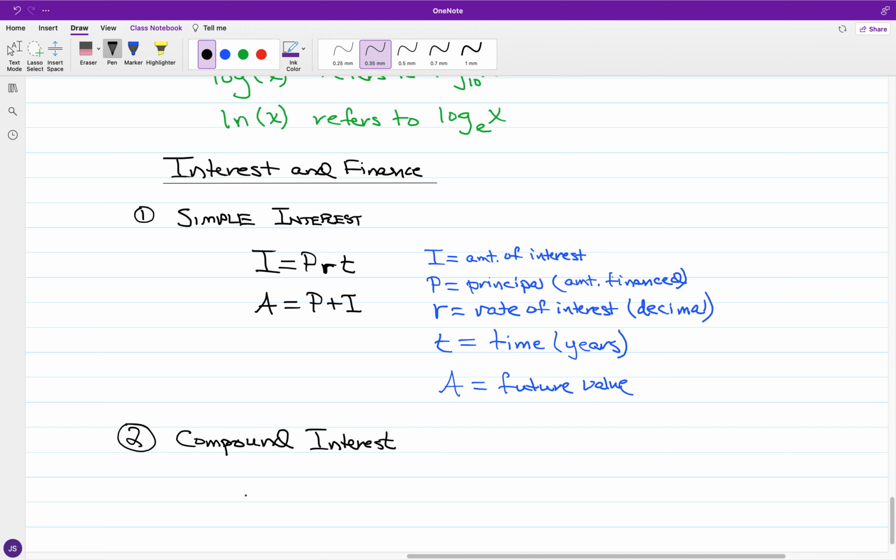You have a lot of the same characters carrying over. You still have the future value A, P the principal, times the quantity 1 plus r over n, to the n times t. We still have the same r, same P, same t. But the new character is n, the number of compoundings per year.